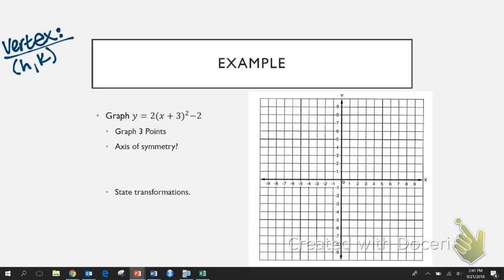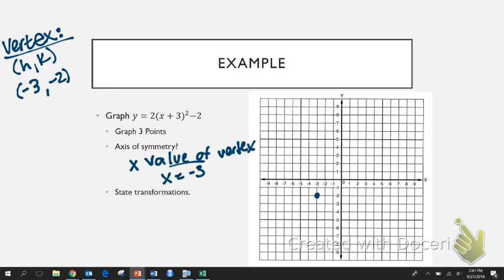Just like absolute value, h is a liar. So I have x plus 3 inside my parentheses, so my vertex is going to be negative 3 for the x value. And then I have a minus 2 out there for k, so my vertex is going to be at (negative 3, negative 2), so right there. The axis of symmetry is at the x value of the vertex. So it's at x equals negative 3.